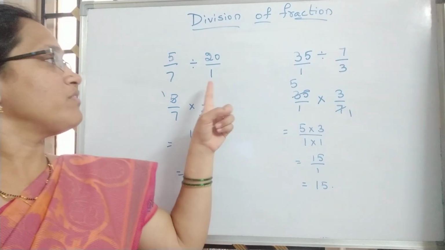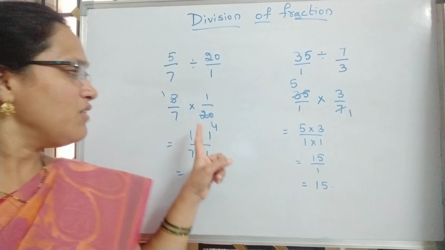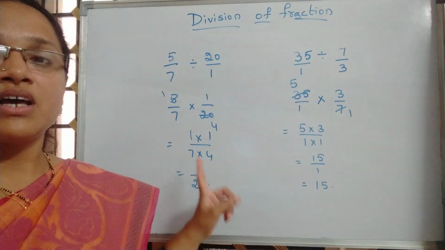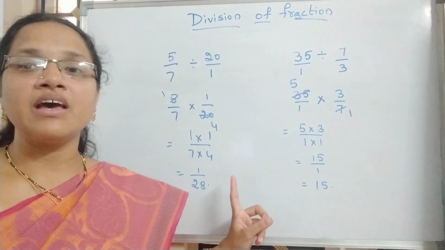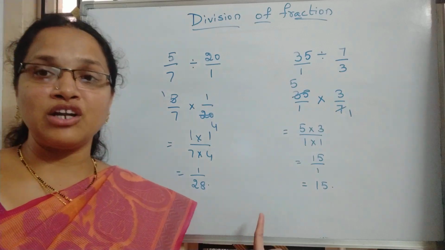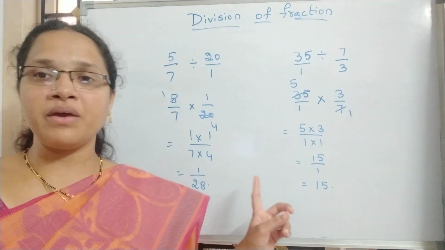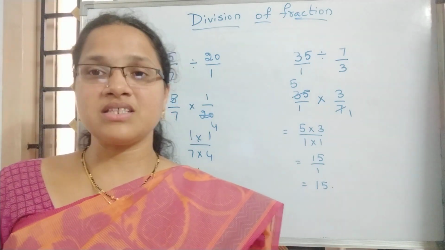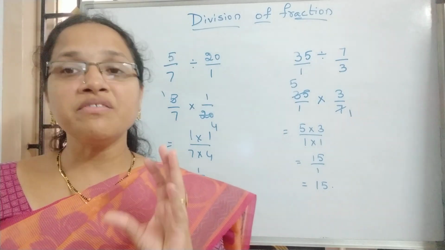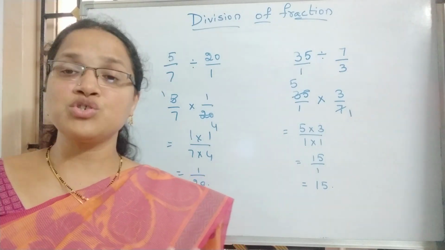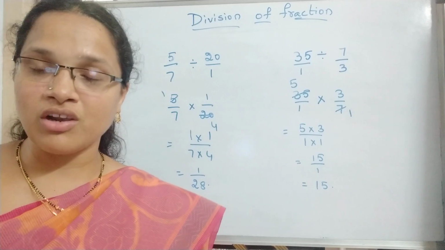And then we continue the procedure of multiplication, cancelling in the same tables and writing the remaining numerators and denominators, multiplying them. This is how you do the division of fractions. Please don't get confused, children. Okay, is that clear, all of you?